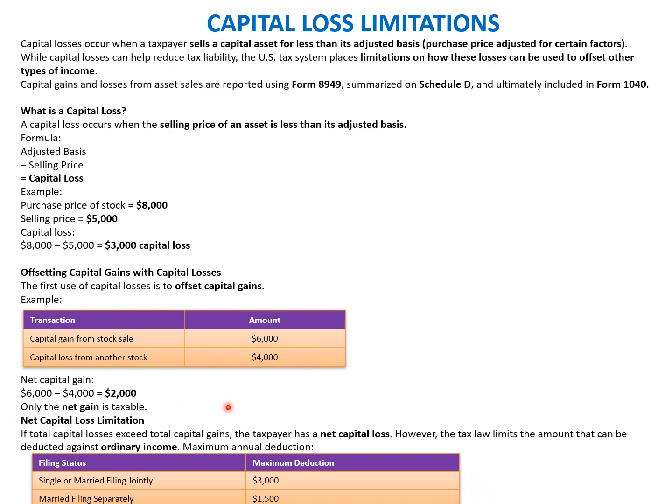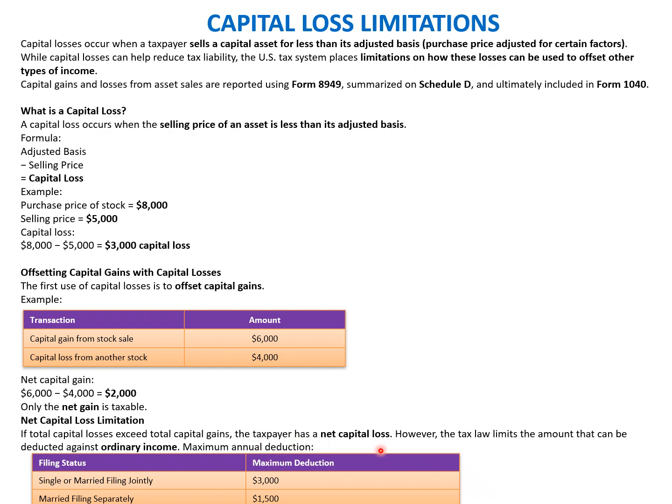Which means that any capital loss incurred during the year can be set off against the capital gain in that particular year. The net capital loss limitation applies if the total capital losses exceed the total capital gain. So after adjustment, if losses exceed the capital gain, what will happen? The losses remain, and those losses will be adjusted against other income. And what is the limitation to that?